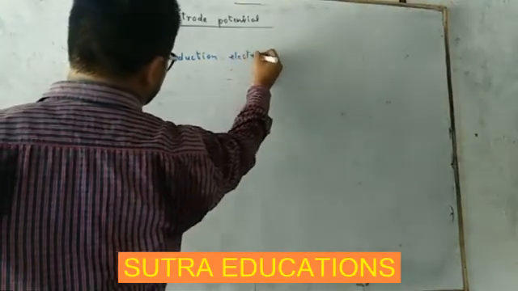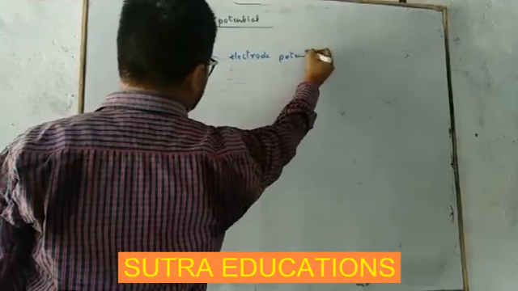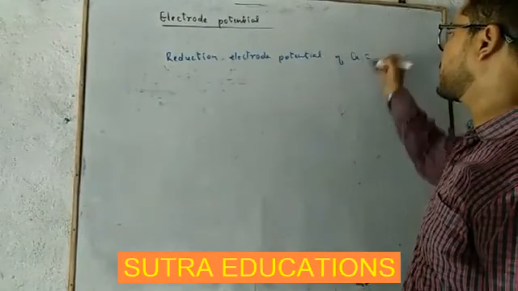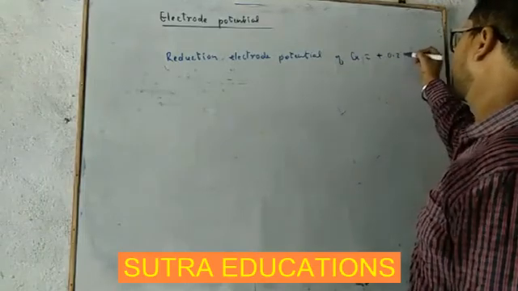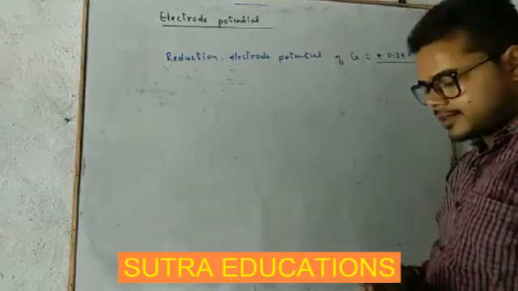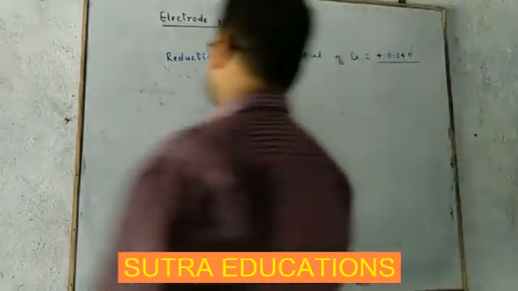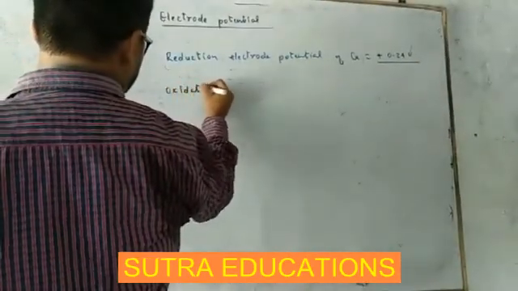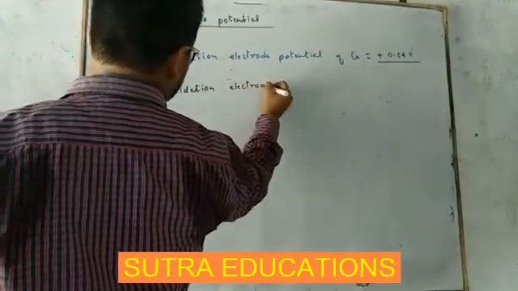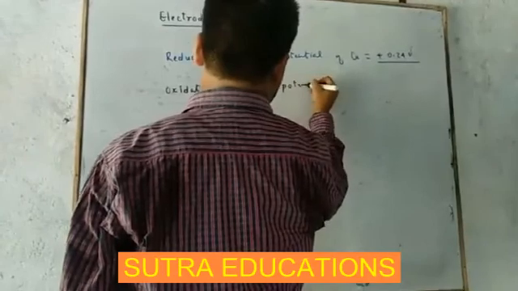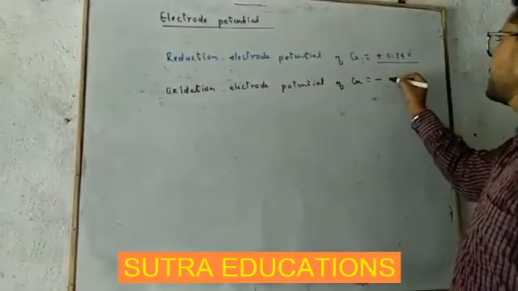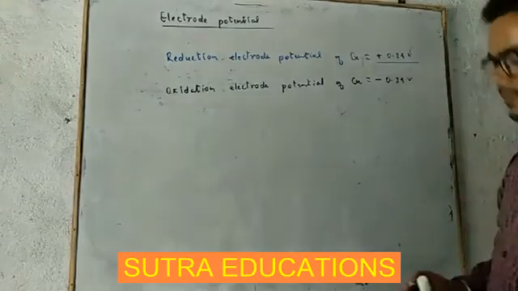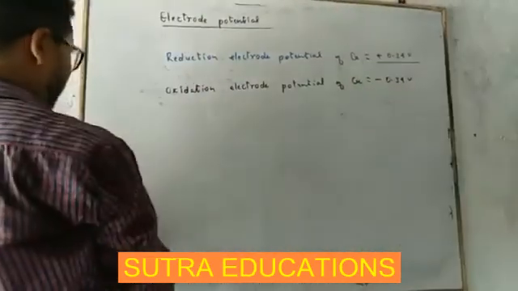The reduction electrode potential of copper is plus 0.34 volt, and at the same time I am going to write the oxidation electrode potential of copper, and it is minus 0.34 volt. Getting the difference or not?